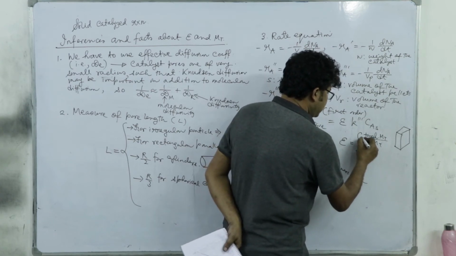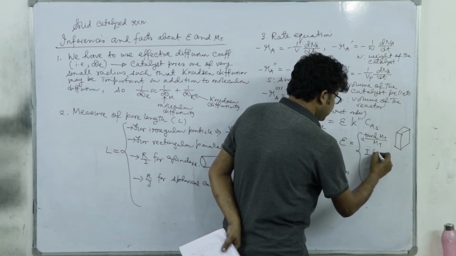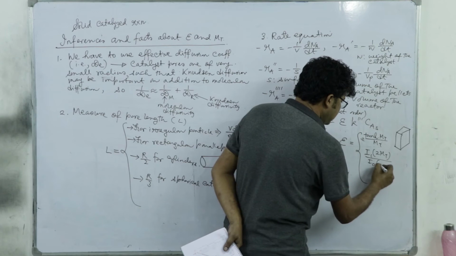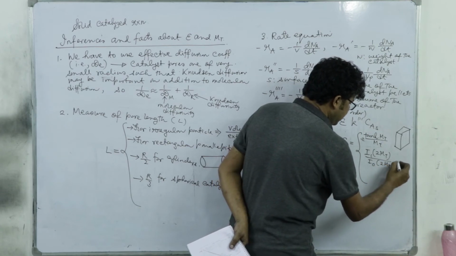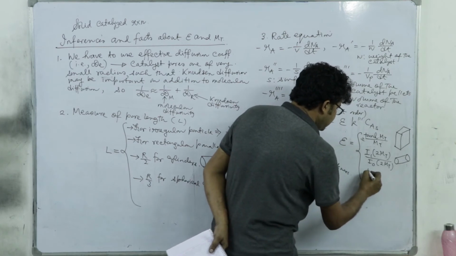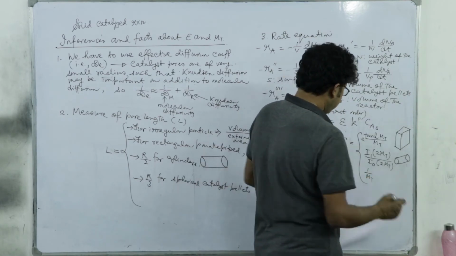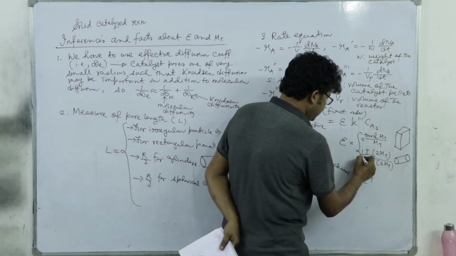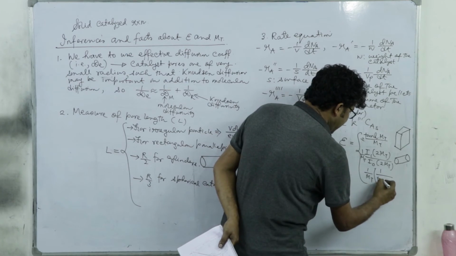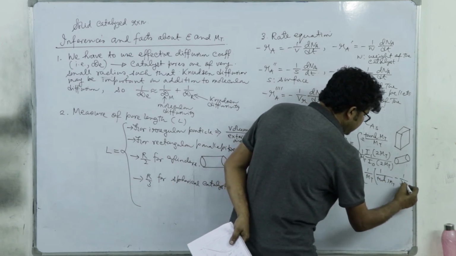For a cylindrical pellet, it is equal to I1, the Bessel function, of 2mt by I0 of 2mt. You do not have to remember it. And for spherical pellets, it is equal to 1 by mt times (1 divided by tanh 3mt minus 1 divided by 3mt).